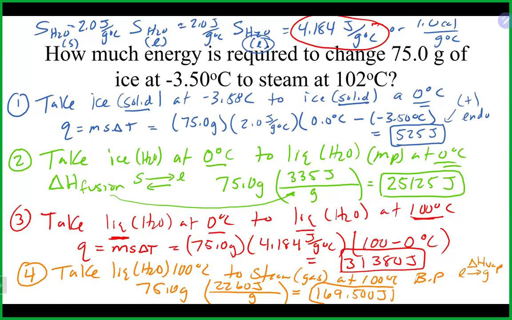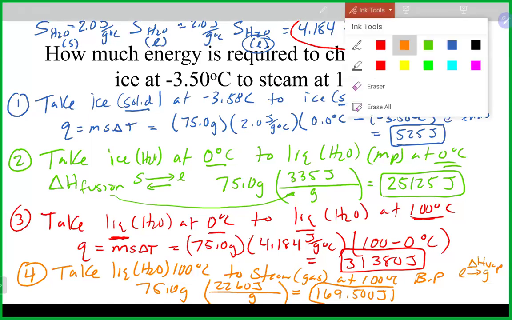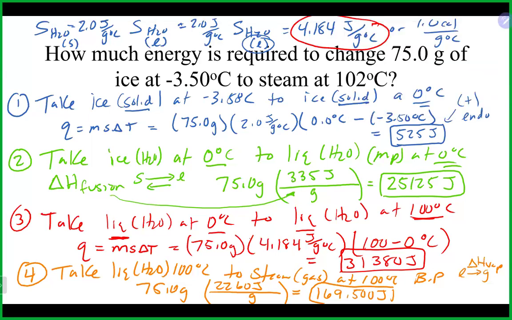Now, if you take a look at the comparison of how much energy is required to go from, say, solid to liquid, it was only about 25,000 joules of energy. But now that we're trying to do the transition from liquid to gas, it's about 169,000. Much, much more energy is required to do that second transition. Because if you think about what's happening as you go from solid to liquid, in the solid phase, everybody's pretty close to each other.